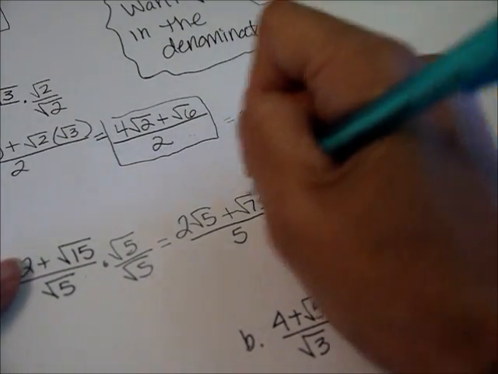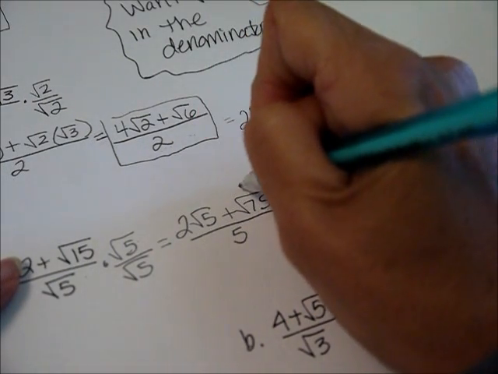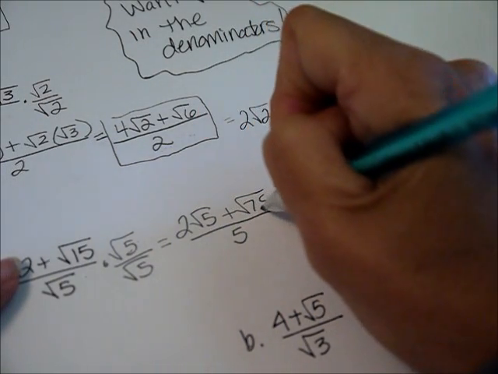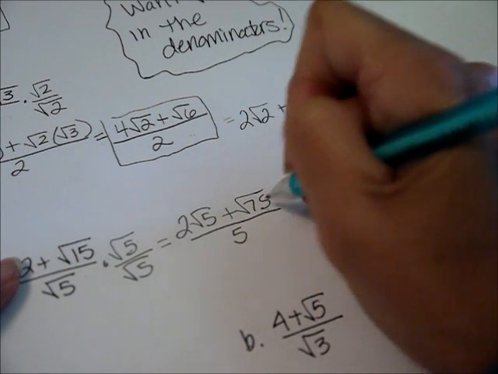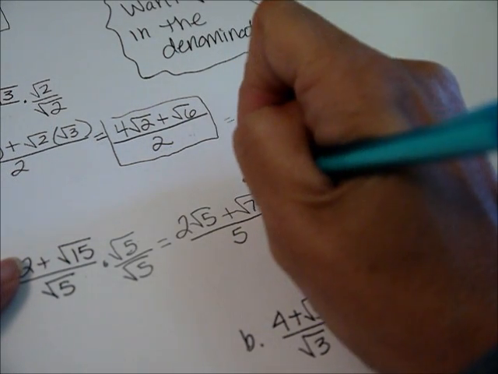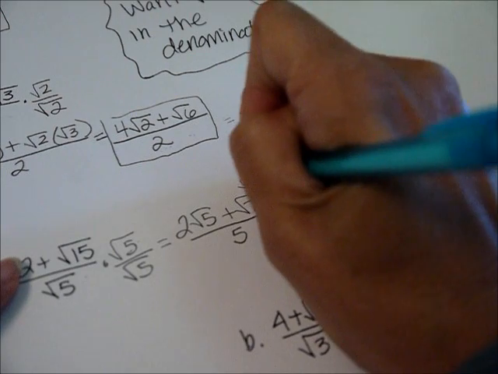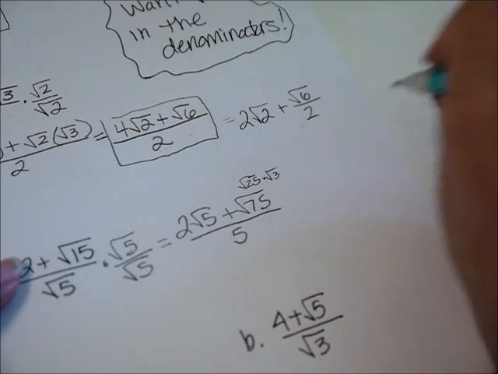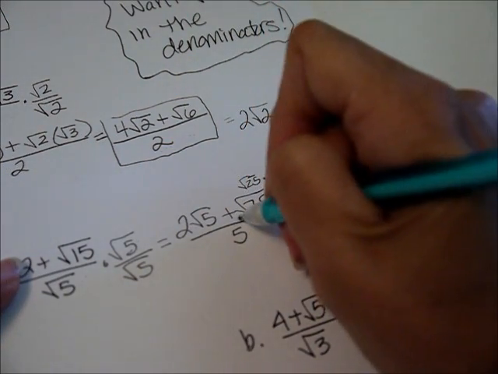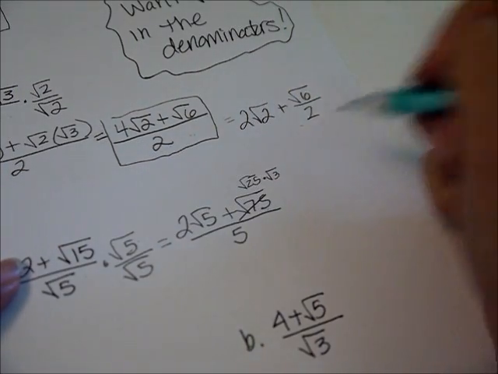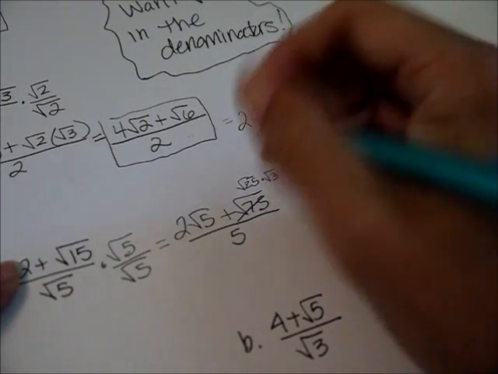Square root of 75, I'm just going to write what it simplifies to. That's the same as 25 times 3, right? So that's actually, if we had square root of 25 times square root of 3, see that, is actually 5 root 3.